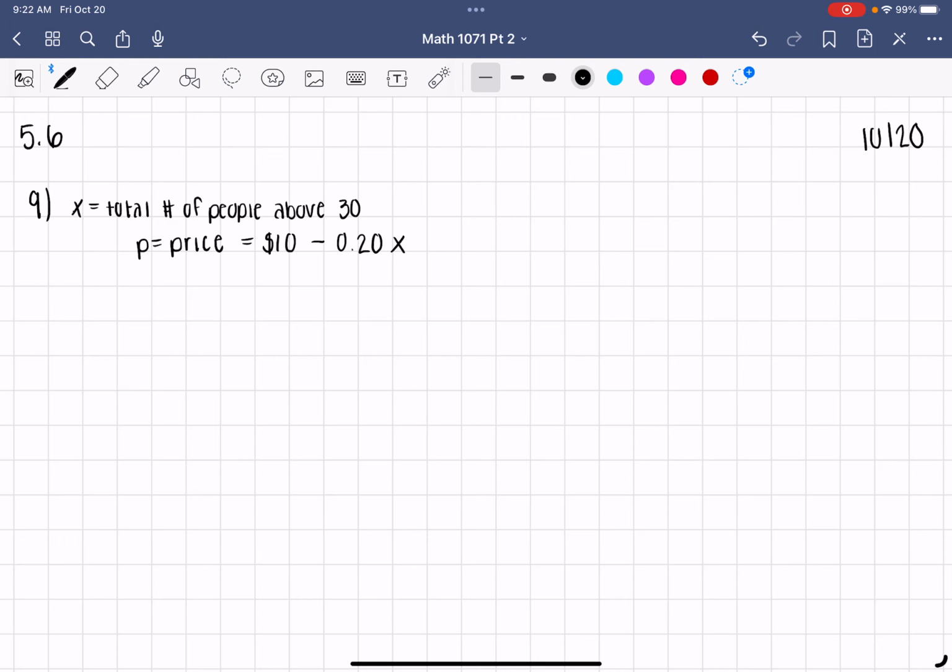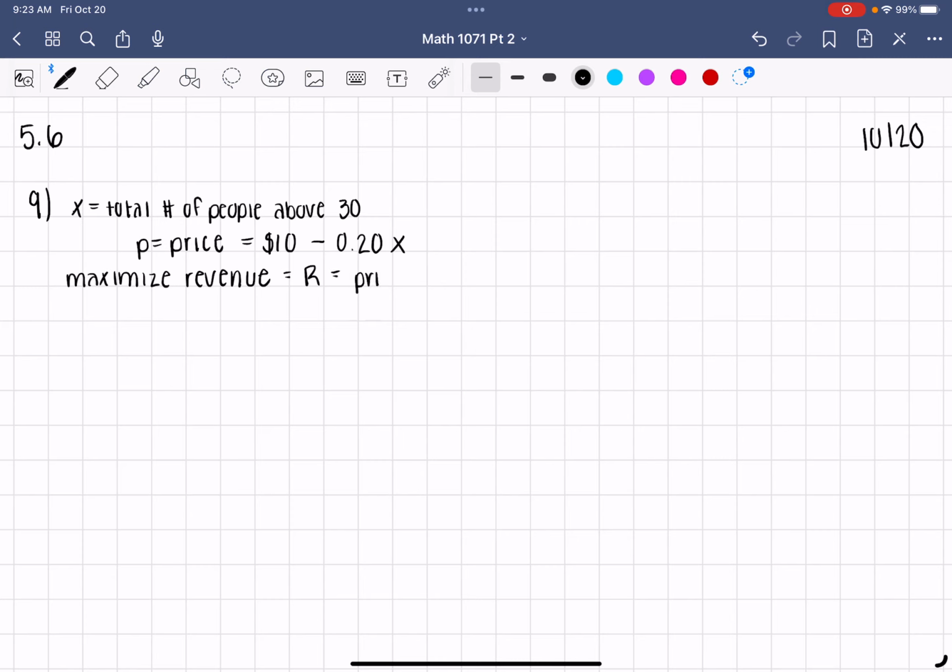And so therefore, you're trying to maximize revenue. Revenue R is, of course, price times quantity. So the price is $10 a person, but they knock 20 cents off for every X above 30.